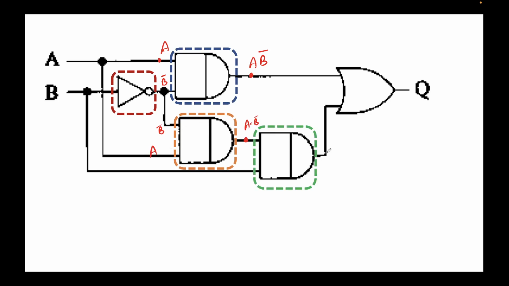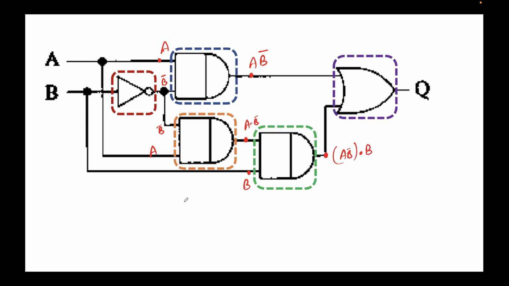Now let's evaluate the output of this AND gate shown in green. The AND gate will be the first input, which is a b bar, times the second input. What is this second input? This is nothing but b. And finally we try to find the output of this purple OR gate.